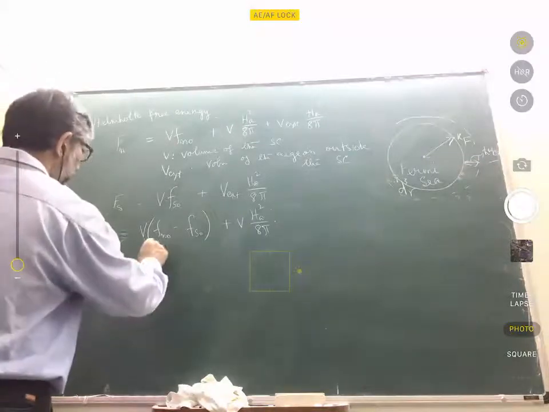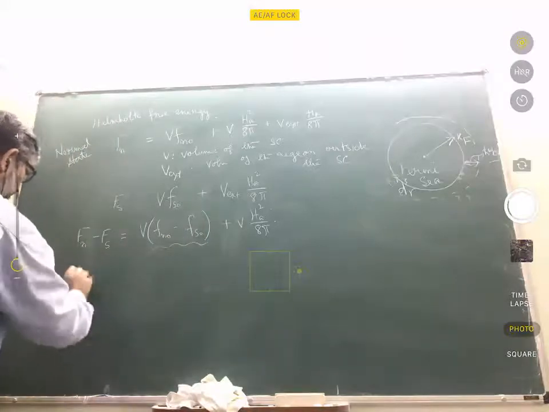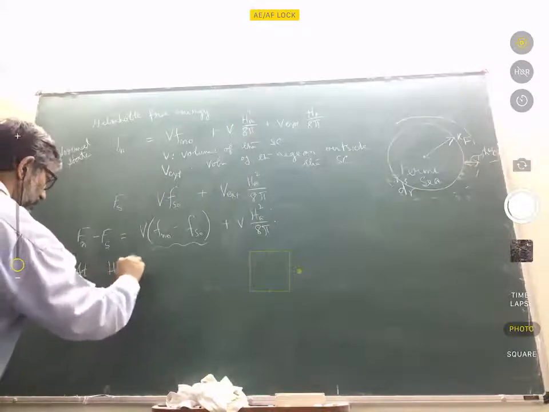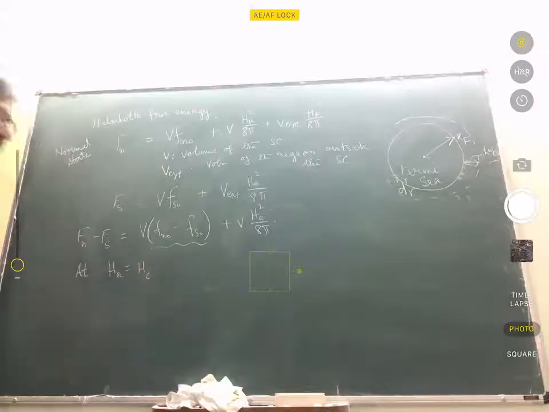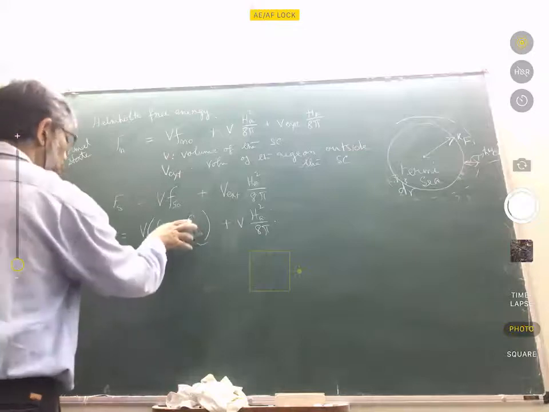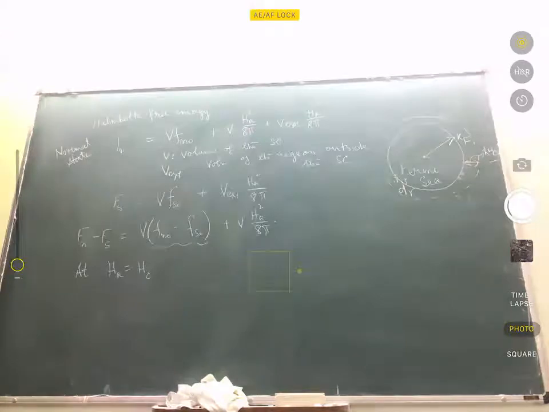Right. Now, what happens when the applied field is just equal to the critical field? Remember, the critical field by definition is the one at which the field penetrates the superconductor. So right at that field, the energy difference between these two must be equal to the energy due to the external field over the volume of the superconductor.